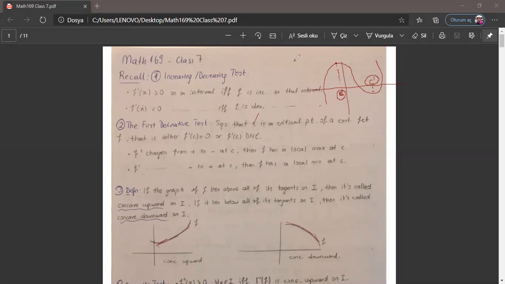So we see that the graph of the function is above these tangent lines. So we say it's concave upward. If we have the reverse condition, we say it's downward.